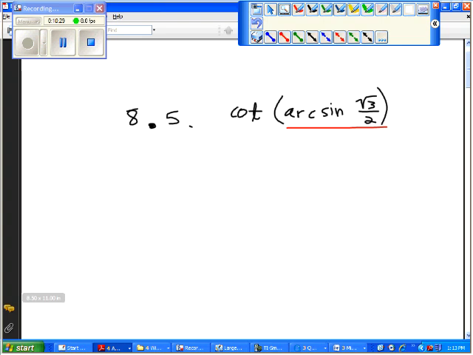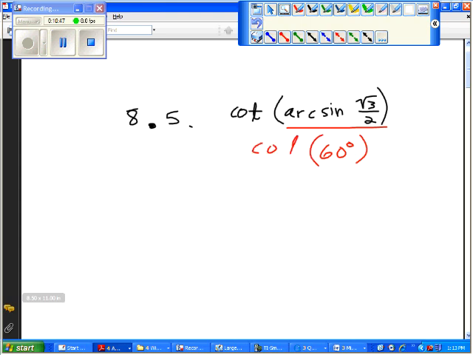First of all, we're going to do what's in the parentheses first, if you want to follow that little order of operations thingy. Arc sine means we're looking for the angle that has a sine value of square root 3 over 2, which is 60 degrees. So arc sine of square root 3 over 2 is 60.